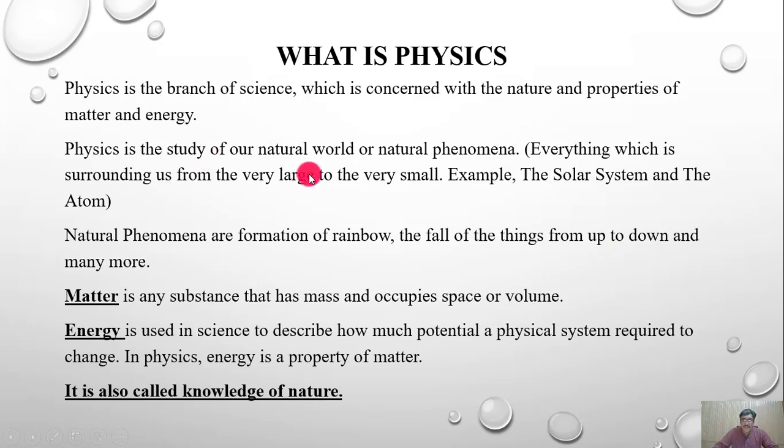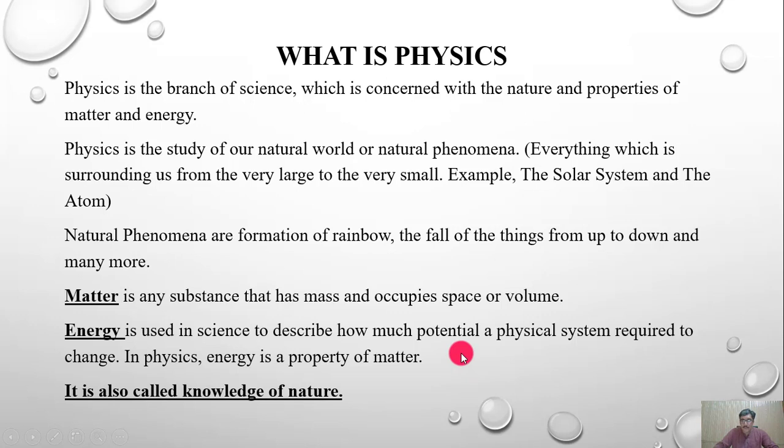And energy is also required to change the state or to change the scenario. To make objects move, we need energy. So in physics, energy is a property of matter. Such study is also called knowledge of nature.